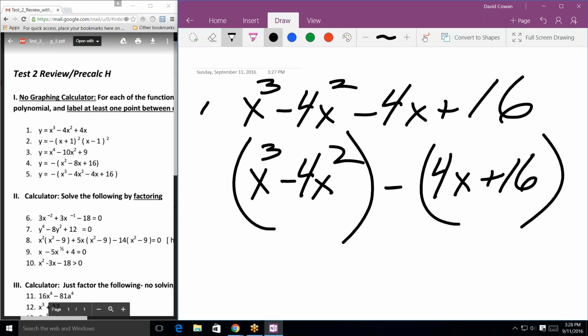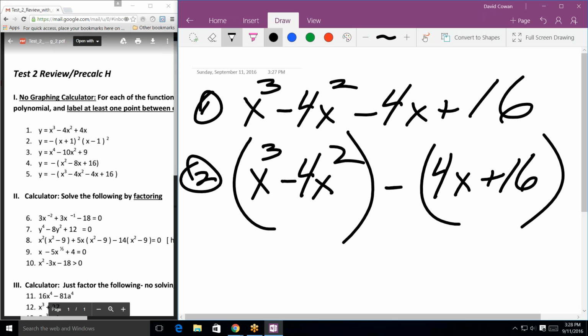What you always have to do in math is make sure that as you're manipulating a function, you do not change it. There is a whole lot of stuff you have to do to functions to get them in the proper format. And the most important thing you can be thinking of is, I cannot change the function. Is function 2 the same as function 1? Yes. Well, hold on. This negative sign has to be distributed to both terms. So it would be minus 4x minus 16.